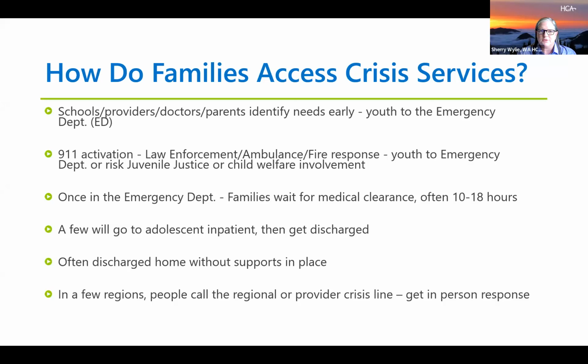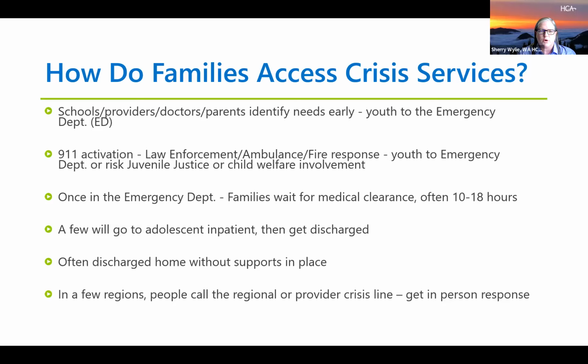Families and youth touch systems, and those systems are called system of care partners. When those partners like schools, behavioral health providers, or primary care providers notice a shift with a youth, maybe a change in behavior, increase in aggressive behavior, being withdrawn, or self-reported suicidal ideation or thoughts of self-harm, they direct parents to take the youth to the emergency department for evaluation.